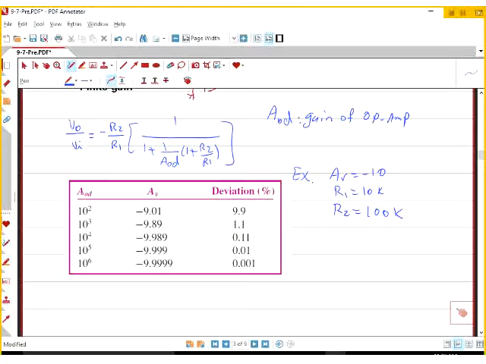Now this table shows if your open loop gain is infinite, yes, you're going to get a gain of 10. If your open loop gain gets to only 100, you're not going to have a gain of 10, you have a gain of 9. So the higher the open loop gain, the closer you get to that number.